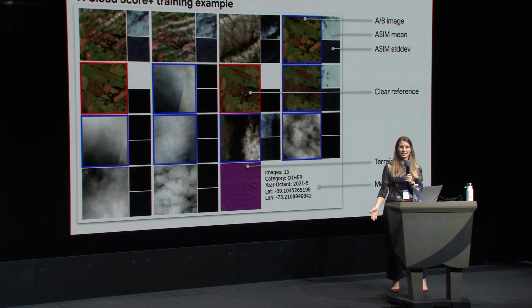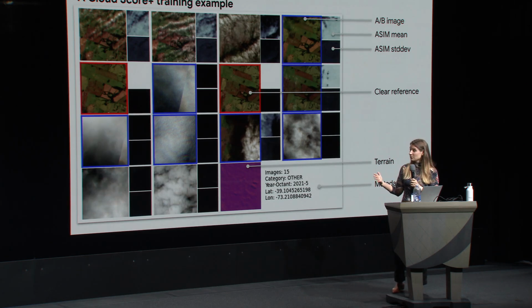Those are the training examples for CloudScore Plus. So the CloudScore Plus model is going to be given these examples where we have a known reference and we're able to compute the ASIM score relative to it. We've got the ASIM scores themselves, which are what we want the model to be able to reproduce.